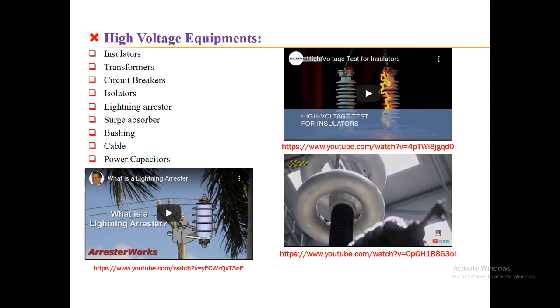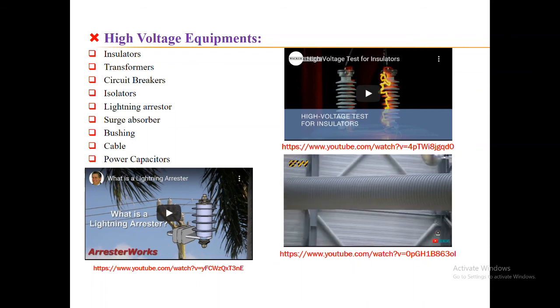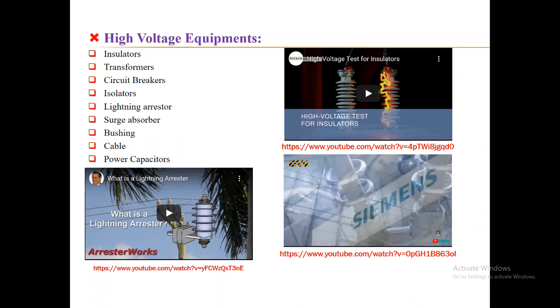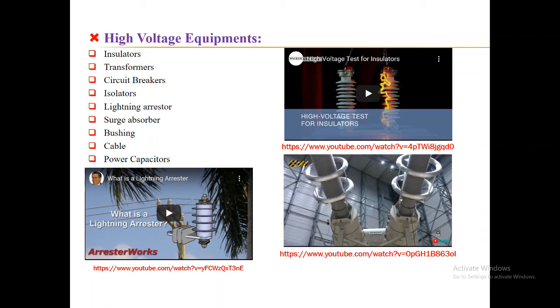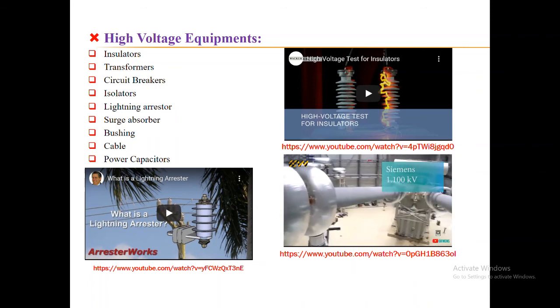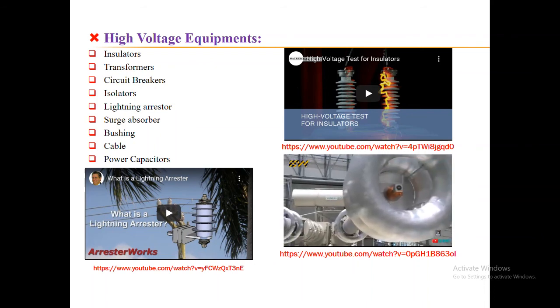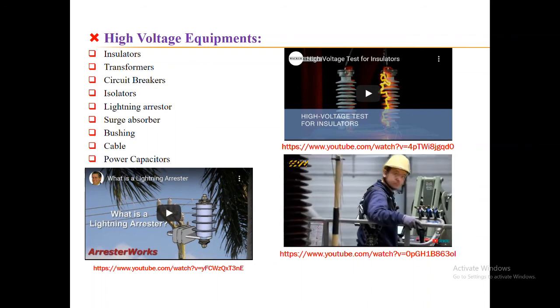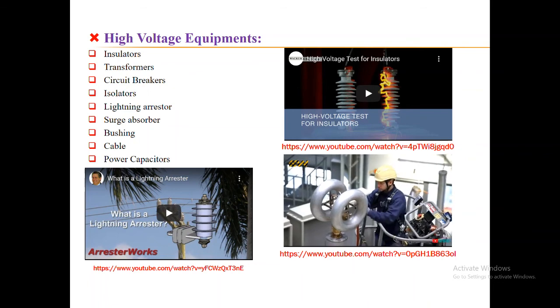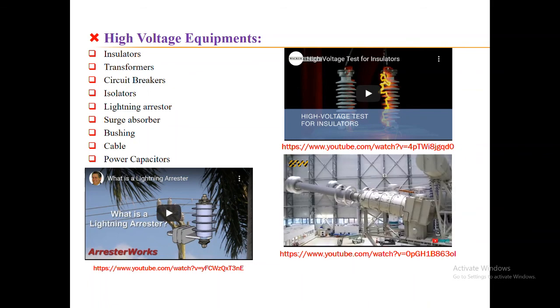Its dimensions are one of a kind. 37.5 meters long, 12 meters wide, and 14.4 meters high. The biggest transformer in the world. With it, Siemens enters new territory in surpassing the 1100 kilovolt limit. To achieve this feat, the engineers had to develop a valve lead system as well as the overall transformer design itself.